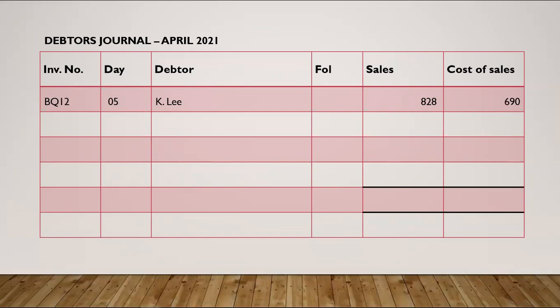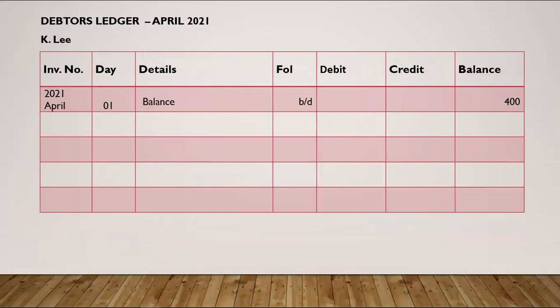That transaction will go straight to the debtor's ledger of Kaylee. Remember, Kaylee is already owing us 400. We will have the 5th invoice BQ12. It comes from the debtor's journal. Obviously, she bought or he bought, therefore it will be on the debit side at selling price.